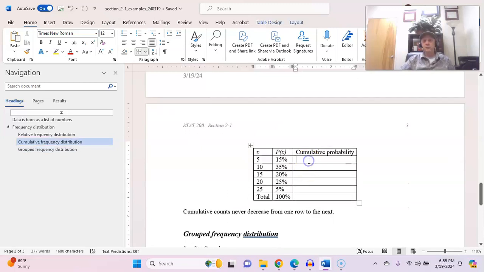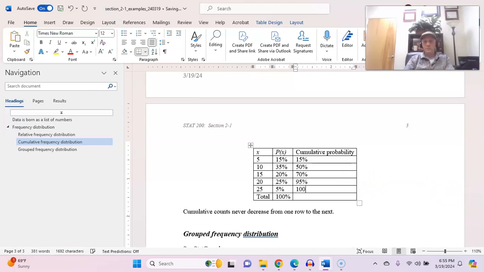We can also do that, of course, with probabilities. So this is the probability distribution version of that list, and you might want to take a minute and think about how you would fill in these cumulative probabilities. What number would you put here? We start with the first probability in the list, and then we'd have to add the 35% more, and then keep adding.